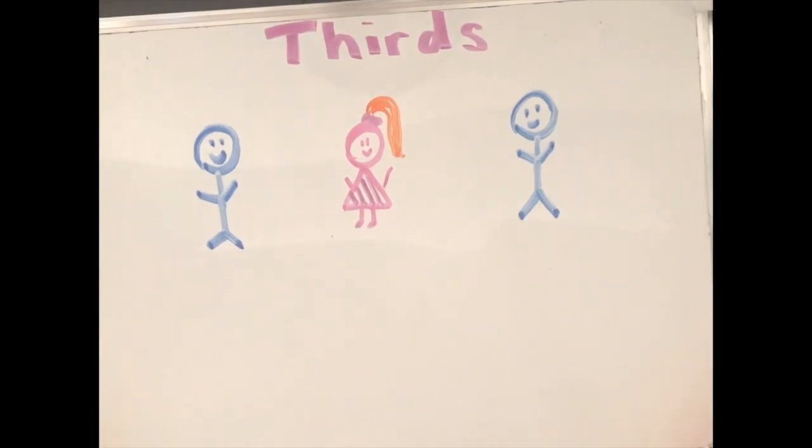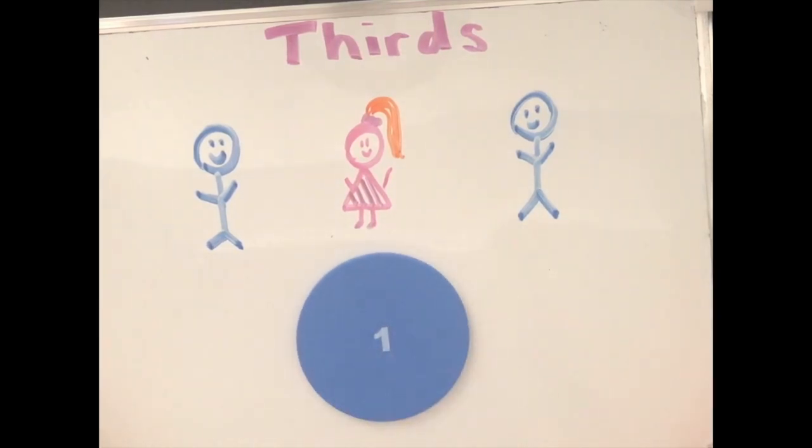Now I want you to meet Tom and Jerry's sister. Her name is Katie. Tom, Jerry, and Katie go home and their mum has made them one pizza for dinner. How are they going to split the pizza into 3 equal parts so they all have the same amount of pizza? Can we split it in half like we did with the cake?